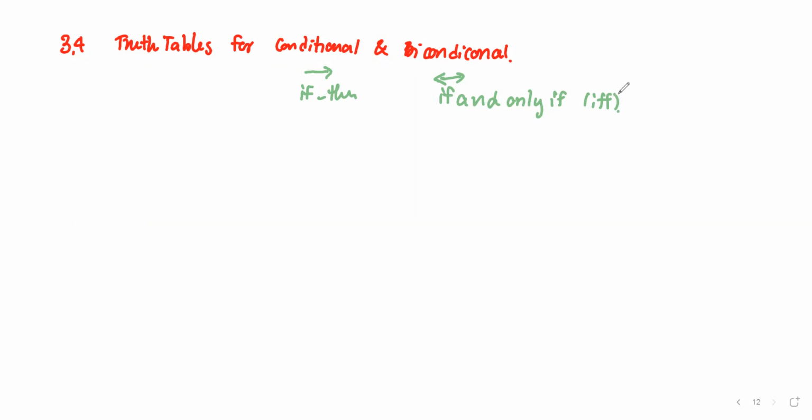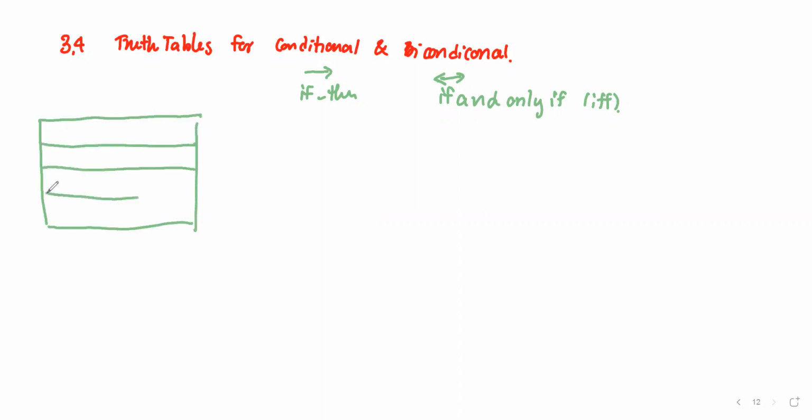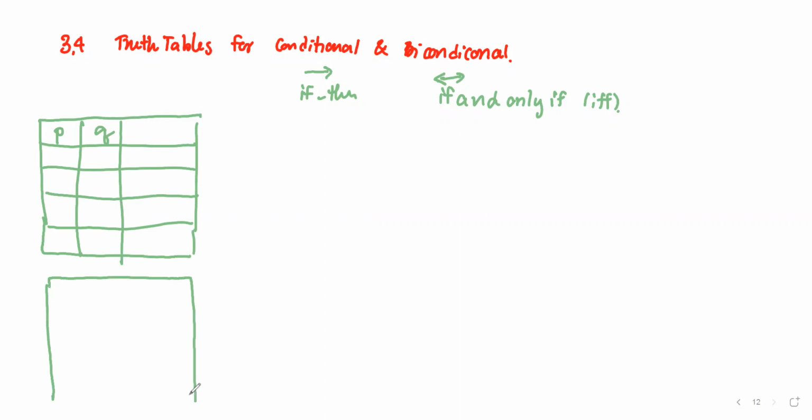of the if then, at least you're going to have the two simple statements when you form the truth table. So statement P, statement Q, we build the table and always have 4 combinations for the two simple statements. So this is P, this is Q. And then I'm going to form another one for the biconditional statement.